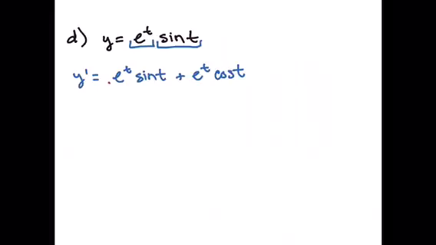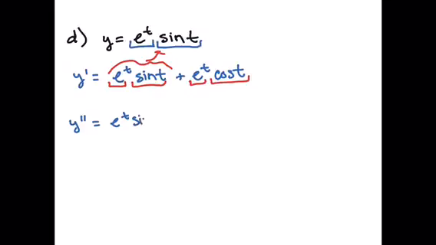Now, when I take the derivative of this, I see two product rules. However, this matches our original function. So I already know what the derivative of our first term is. It's e to the t sine t plus e to the t cosine t. So that's what this turned into.